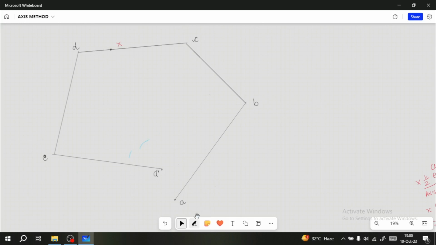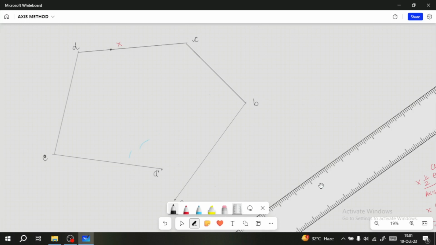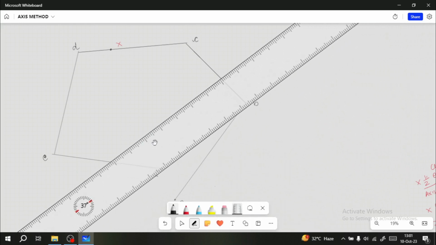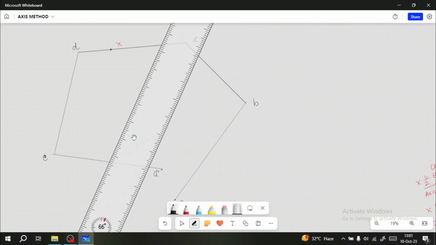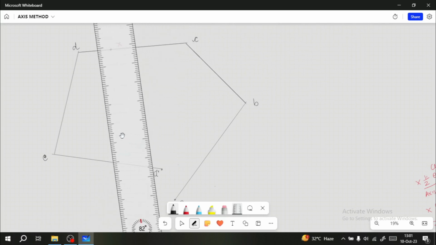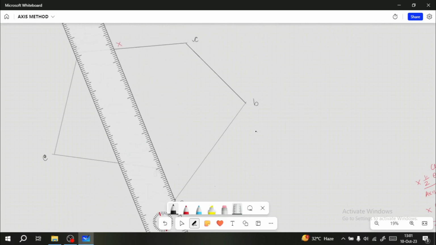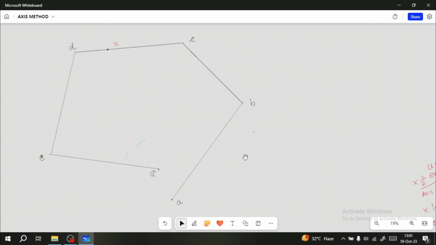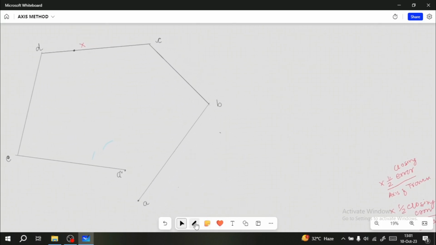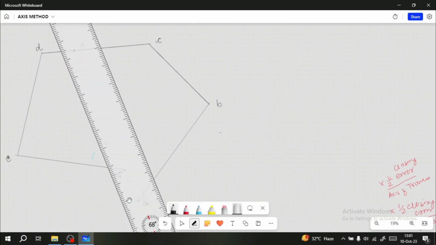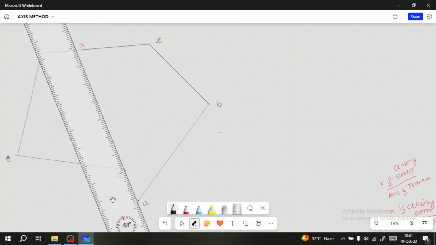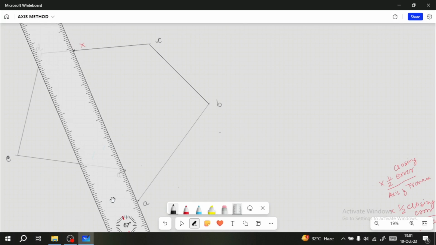To apply the axis method, we have to draw a line joining the two points of error, A and A dash, which will intersect our traverse. I will use this scale to draw the line.